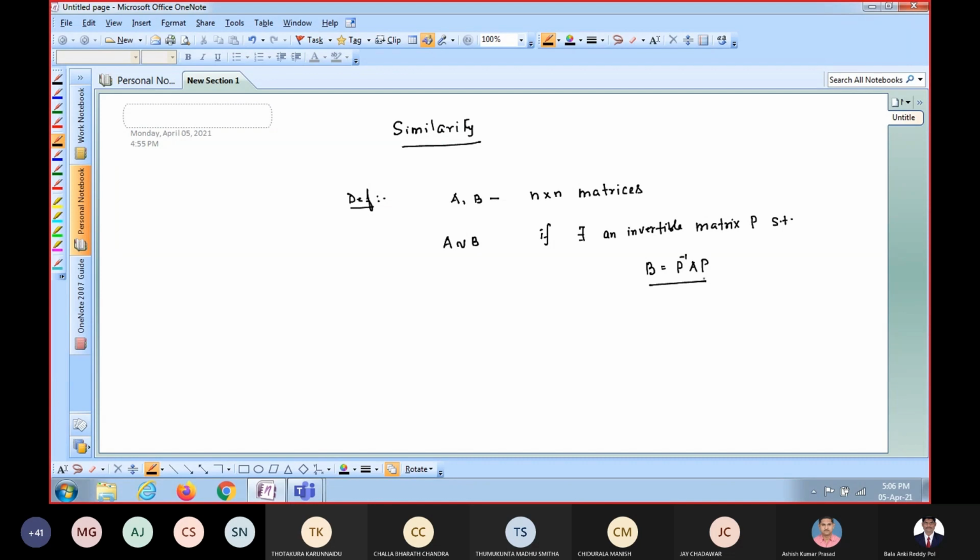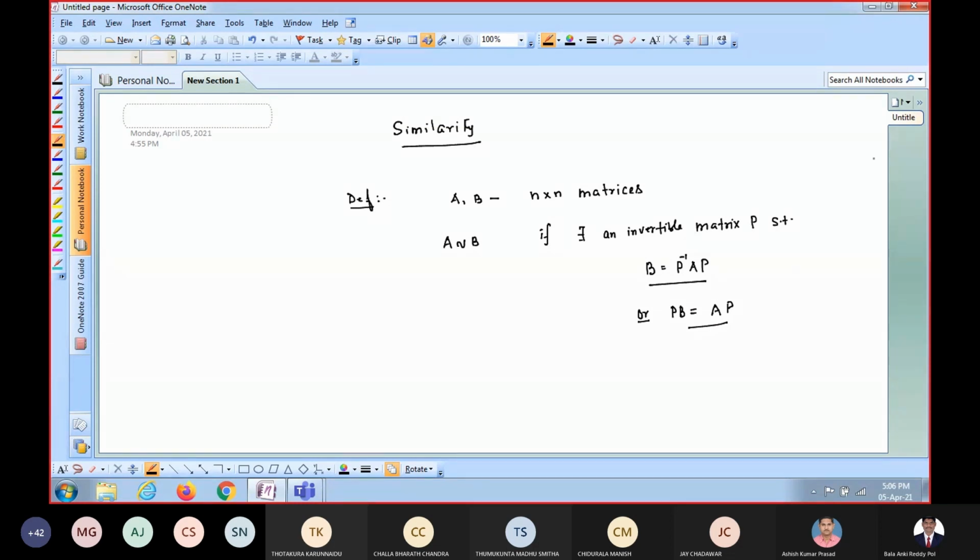B should be equal to P inverse into A into P. Or we can say PB is equal to AP, right?